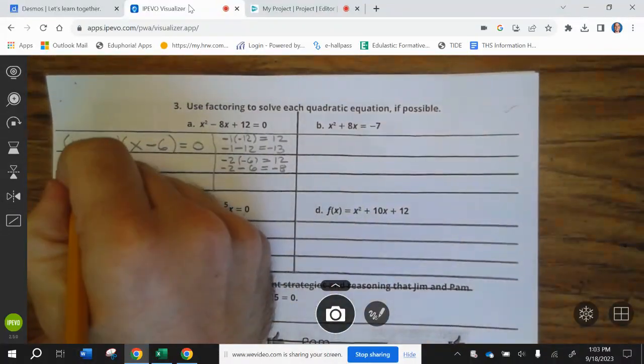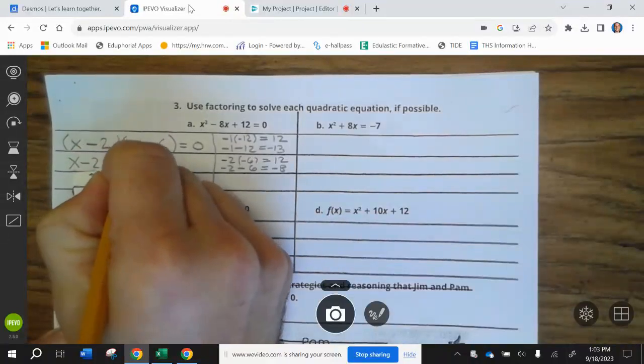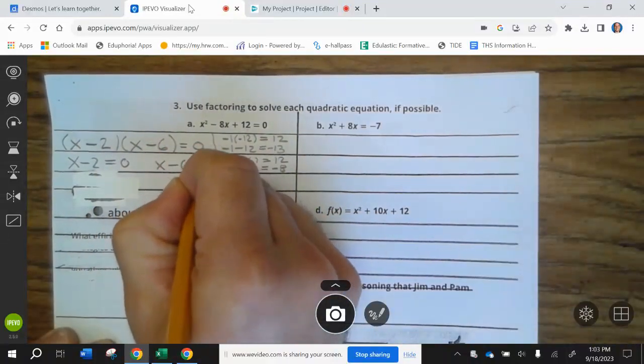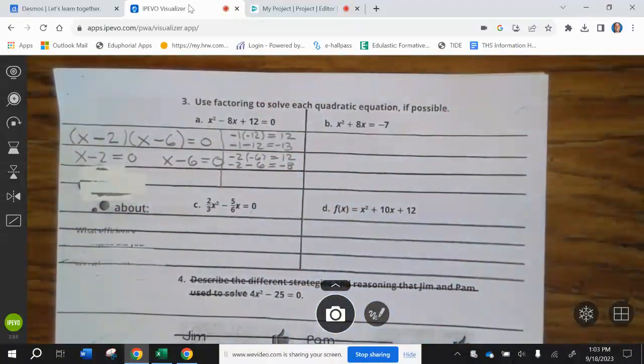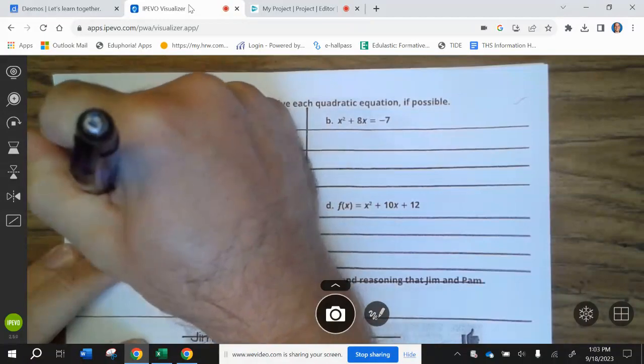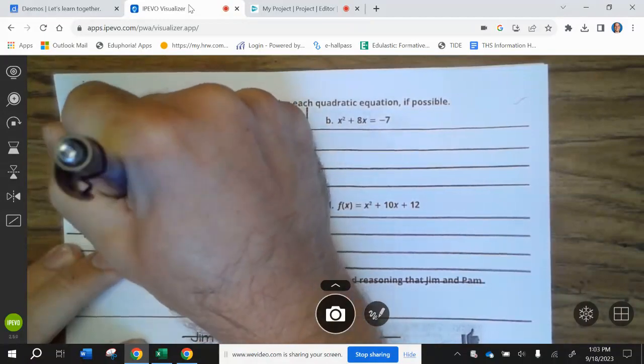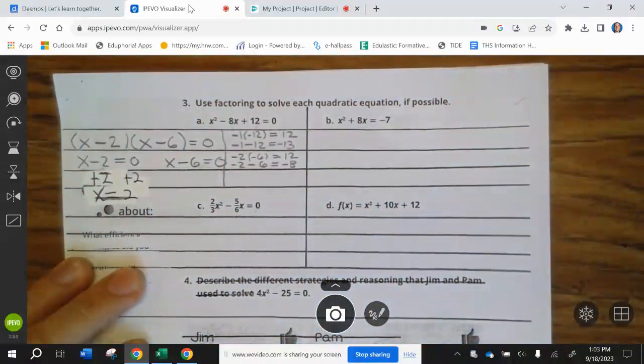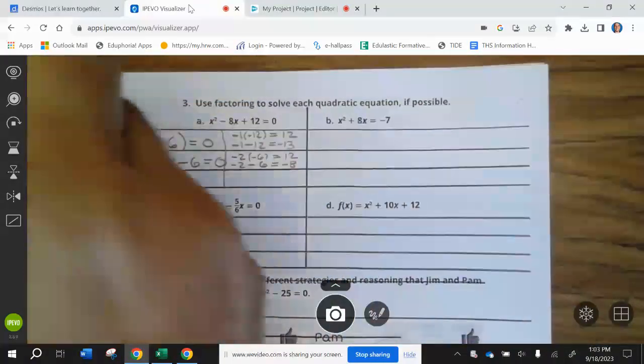So we set x minus 2 equal to 0, x minus 6 equal to 0. We add 2 to both sides. X equals 2.